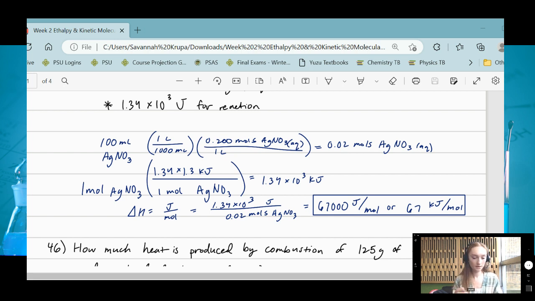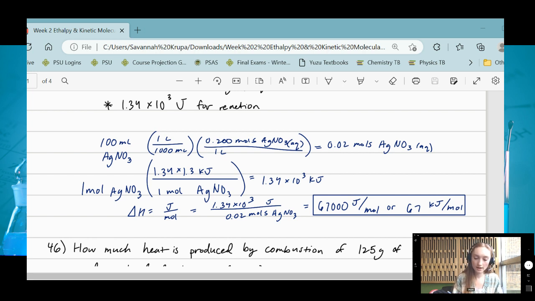So using that data, we can start with the 100 milliliters of AgNO3, and this is of the aqueous solution, and then multiplied to cancel out the milliliters. Since molarity is in moles per liter, we need to cancel out with liters, not milliliters.